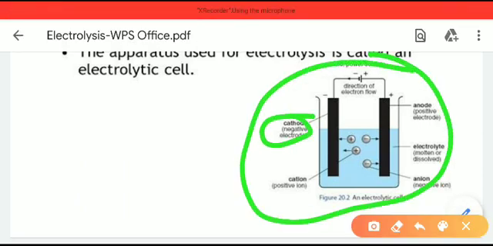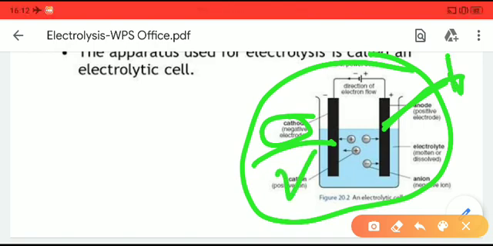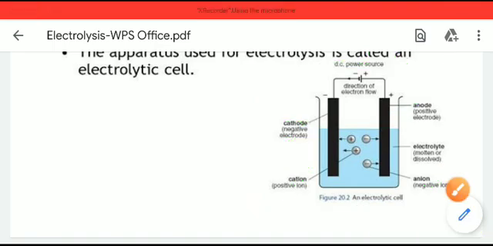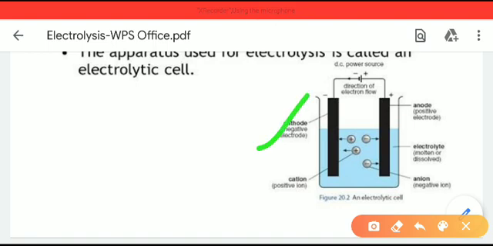There are mainly two electrodes, this one and this one, number 1 and number 2. These are the two electrodes present in the electrolytic cell, and depending on their charge, they are named cathode and anode.